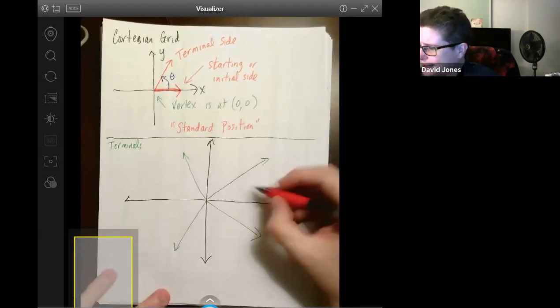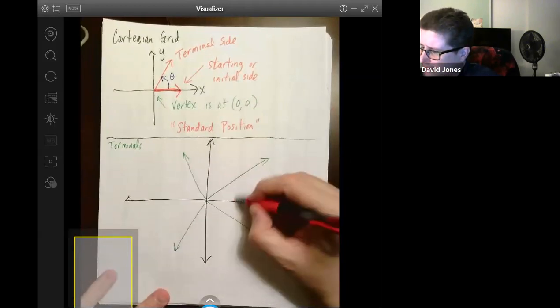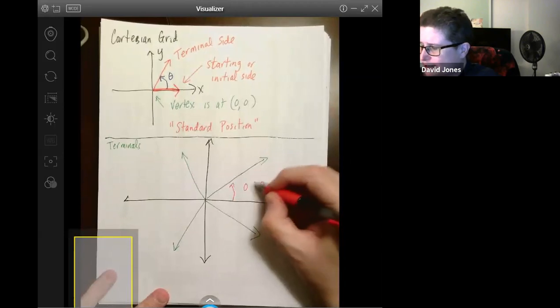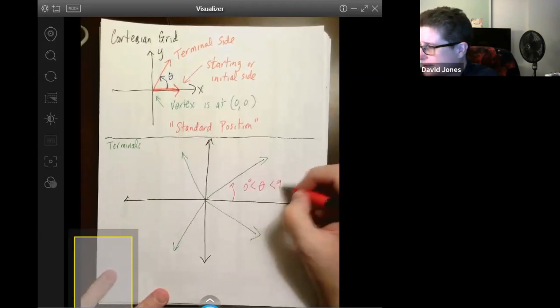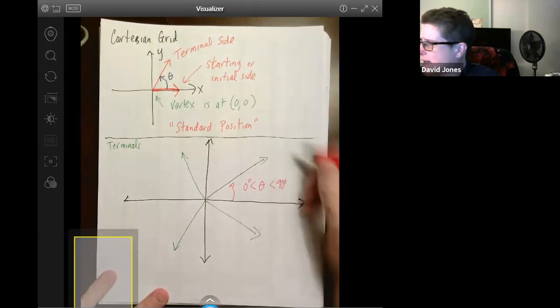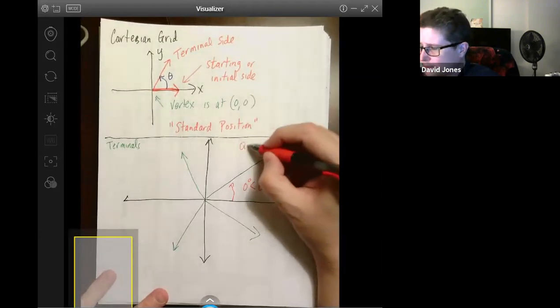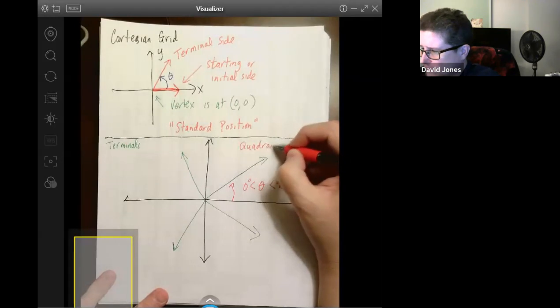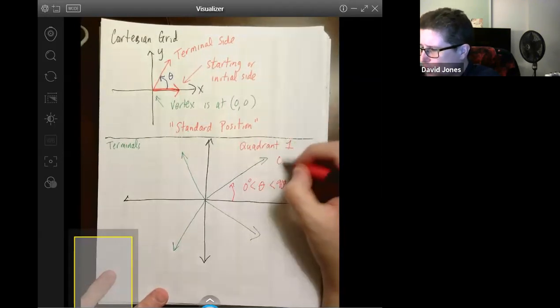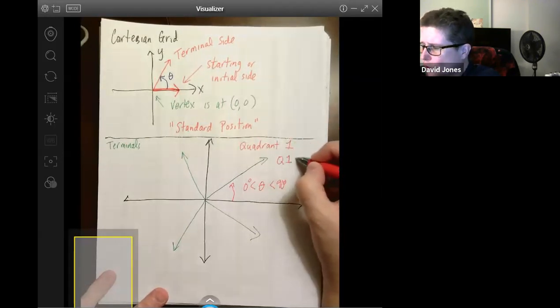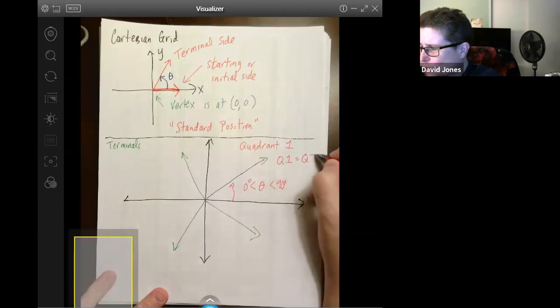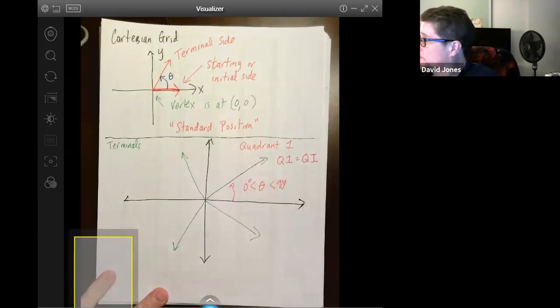When theta is between 0 and 90 degrees, this is said to be quadrant 1. Or you might see Q1, or in Roman numerals, QI.